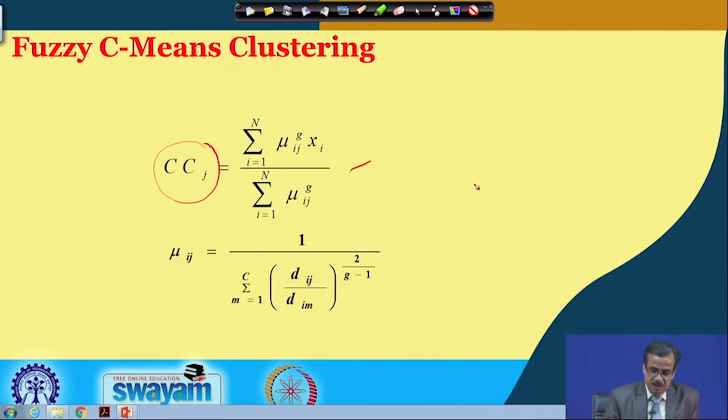And another expression you will be getting by solving those set of equations is mu_ij, that is the membership value of the ith data point with the jth cluster center, and that is nothing but 1 divided by summation m equals 1 to c, d_ij divided by d_im raised to the power 2 divided by g minus 1.